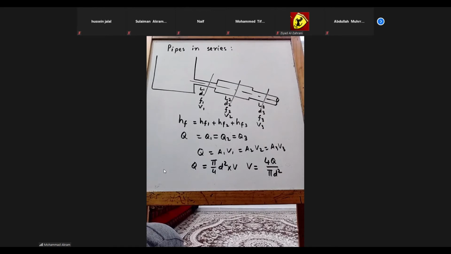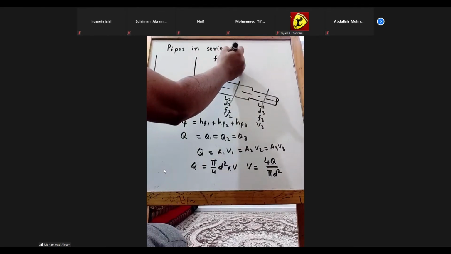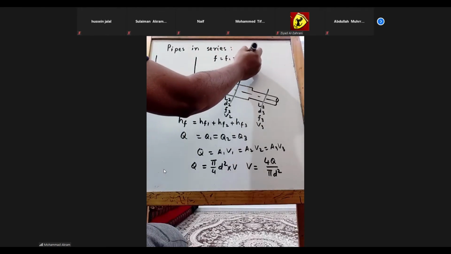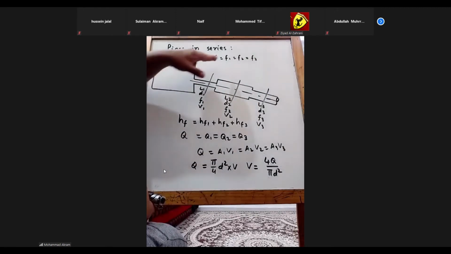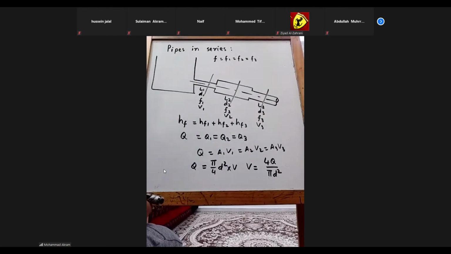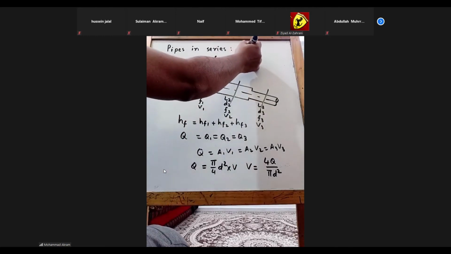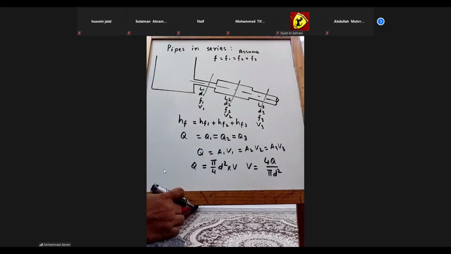Now take f is equal to f1 is equal to f2 equals to f3. The value of f is the same in all three. Assume this, it is an assumption, because the same fluid is going, so viscosity etc. will be the same, and Reynolds number will not change much.